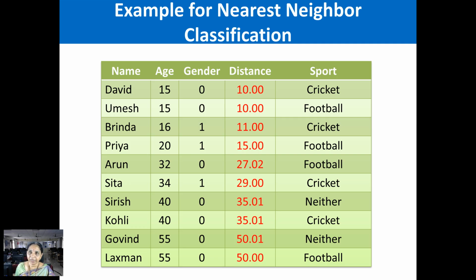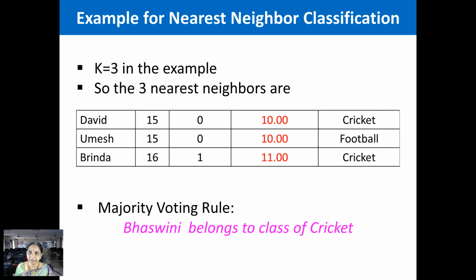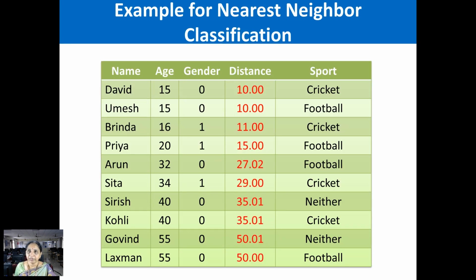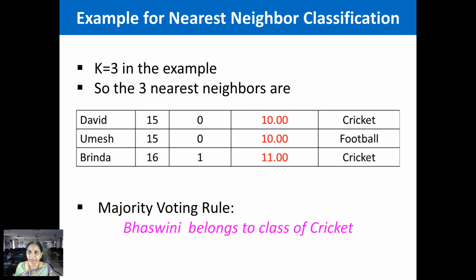Now based on the concept of k nearest neighbor, I need to identify the nearest neighbors for our test instance. If I take k equal to 3, the 3 nearest neighbors are the first three records in our data set, because they have the least distance as per this ascending order, that is David, Umesh and Brunda, with distance values 10, 10 and 11. The class labels of these three are cricket, football and cricket.